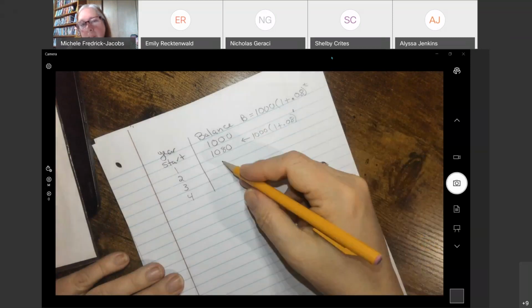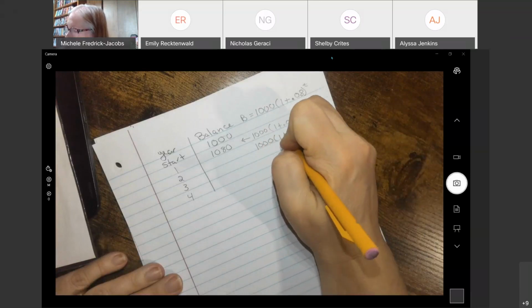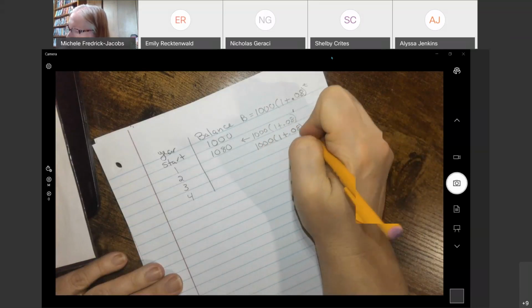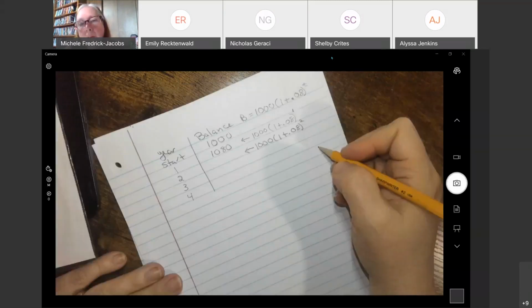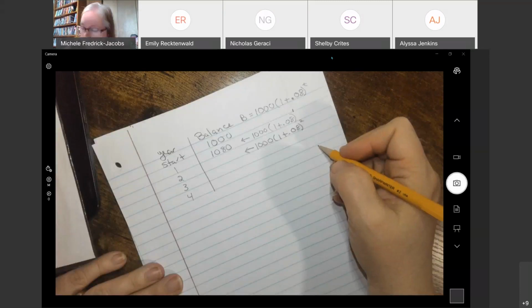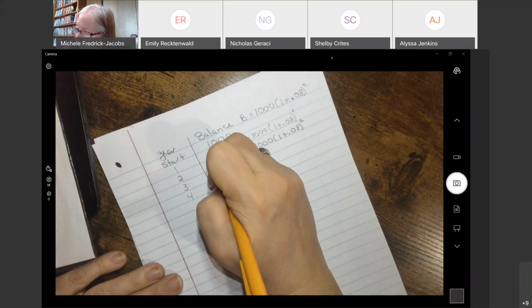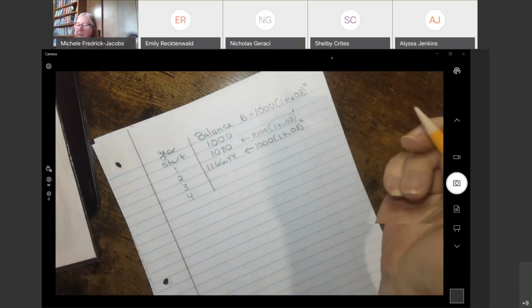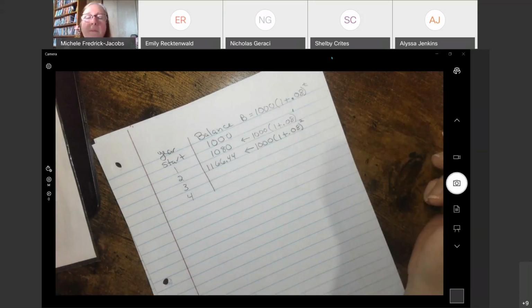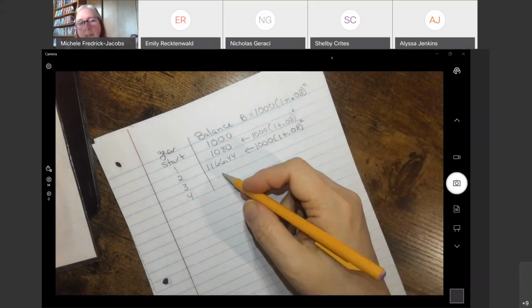If we want to find how much is in there in the second year, we take the 1,000 times (1 plus 0.08) squared. And that will give us, rounding to the nearest penny, $1,166.44. Go ahead and find the next two.